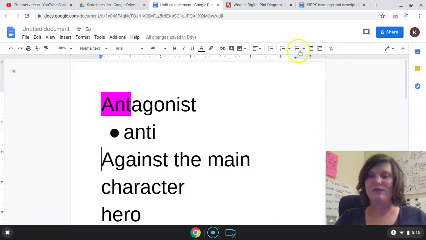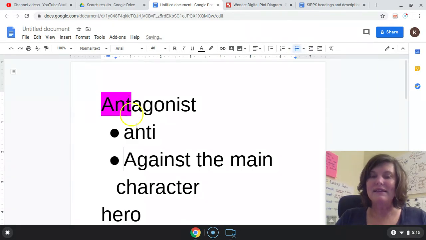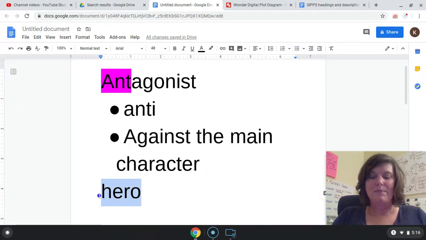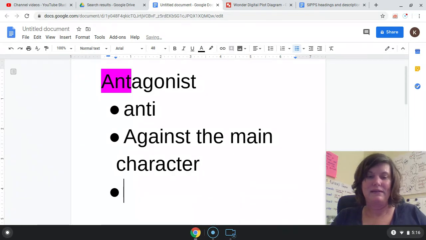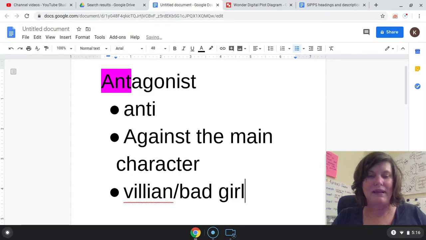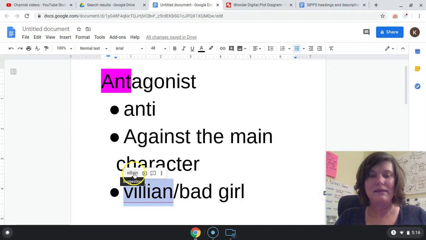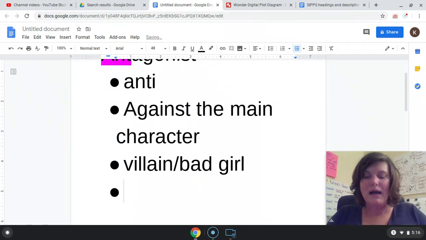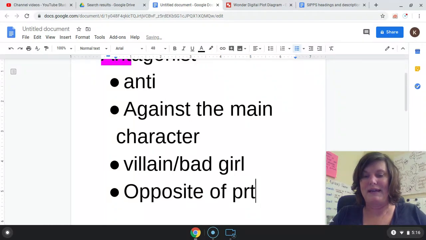So the anti, someone who's against. They're against the main character. And often they're the villain, which is a fancy way of saying the bad guy, bad girl. Doesn't always have to be the guy. And the antagonist is the opposite of protagonist.